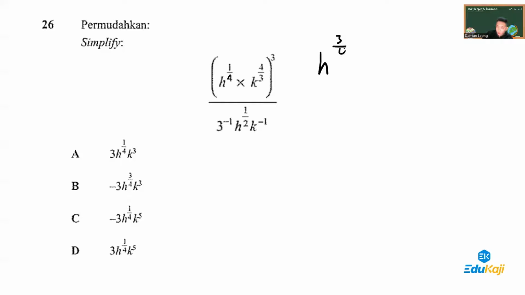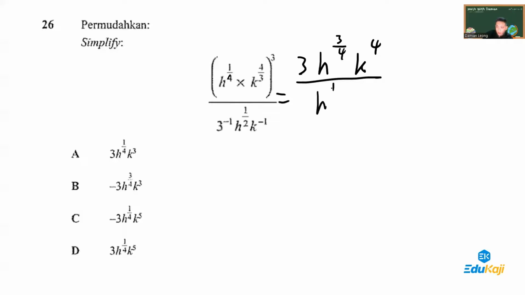That means h to the power 3 over 4, k to the power of 4. 3 to the power of negative 1 is actually the same as 3 when I bring it up. 3 on top, because 1 over 3 to the power of negative 1 is basically 3. I can shift between top and bottom by getting rid of the negative power. So let's shift it up.